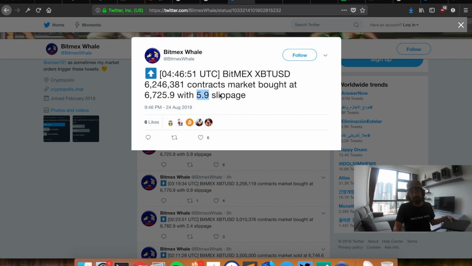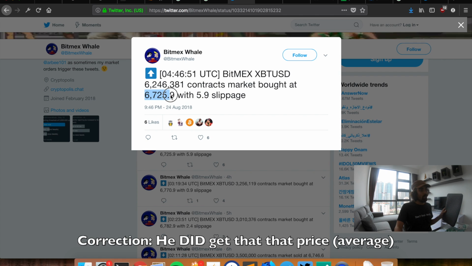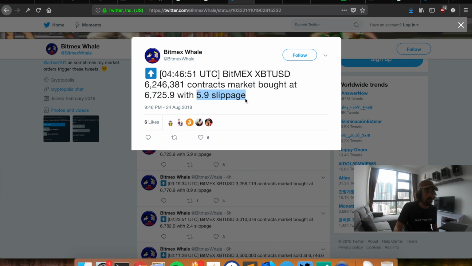but he slipped. He slipped almost $6, meaning that in order to buy all this Bitcoin, he got a worse price. He didn't get this price. It started at this price, but then because there was not enough liquidity, there were not enough shops offering to sell at this rate, he had to buy at a worse rate, which on average was $5.9, so $6, which in the grand scheme of things is not very much, meaning that BitMEX is very liquid.